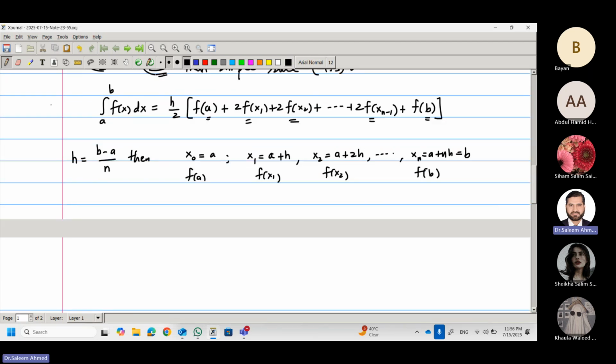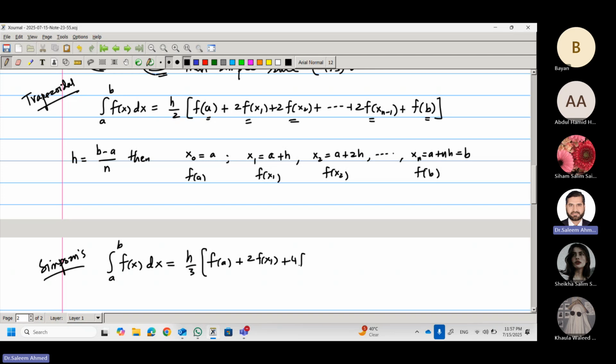And this was the composite trapezoidal rule, right? And the composite Simpson's rule is: you have a to b, and you always have an even number here now. Your n cannot be odd. So I think it is h by 3, and you start with a, and then 4, 2... I think 4x1, right? 4x1, 2x2, 4x3, 2x4.